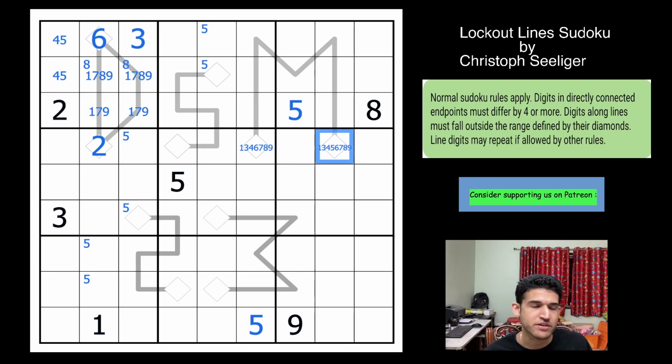If I have 5 here, this will be 1 or 9. 1, 2, 3, 4, 6, 7, 9. Okay, 5 can be possible here. I was looking to eliminate 5 from this cell because that would force 5 here and 4 and 6 here. So I was looking to do that.